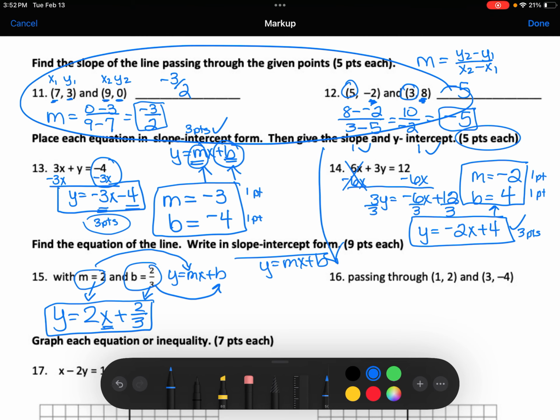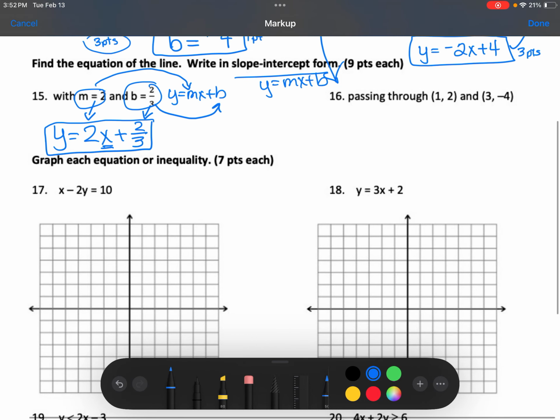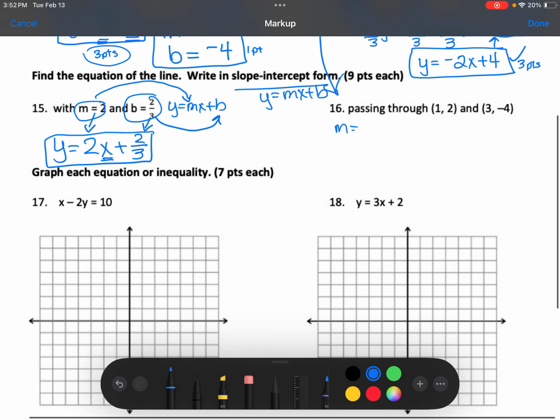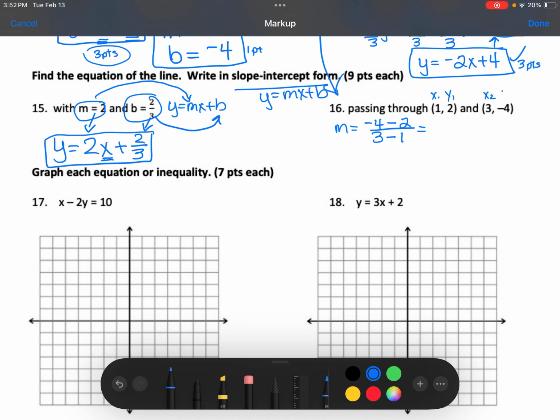Well, now we're doing it down in 16. So we're going to do slope equals y2 minus y1 over x2 minus x1. So remember, this is x1, y1, x2, y2. Okay, so this is negative 6 over 2, and negative 6 over 2 is negative 3. Okay, that's my slope, or my m.